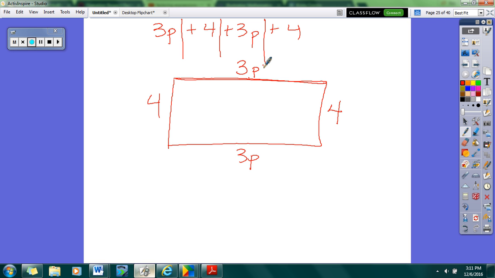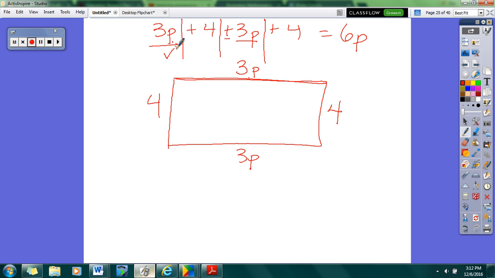When I have 3P, the only thing I can combine with 3P is another term that also has P. So the other term that also has P is 3P. So I'm going to combine 3P plus 3P. 3P plus 3P is 6P. Then I have 4.